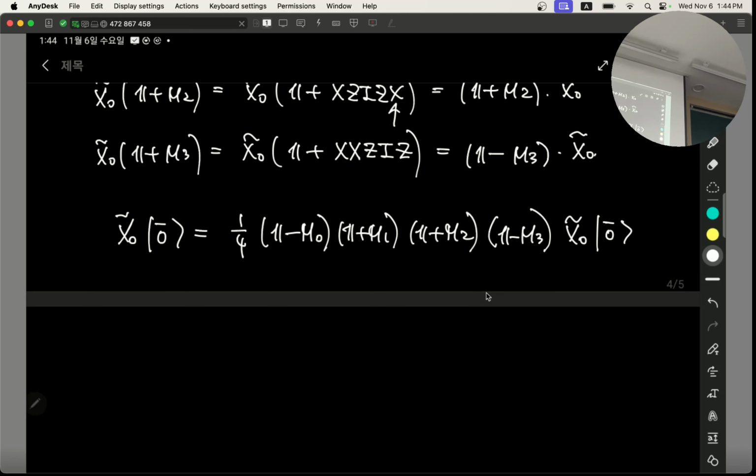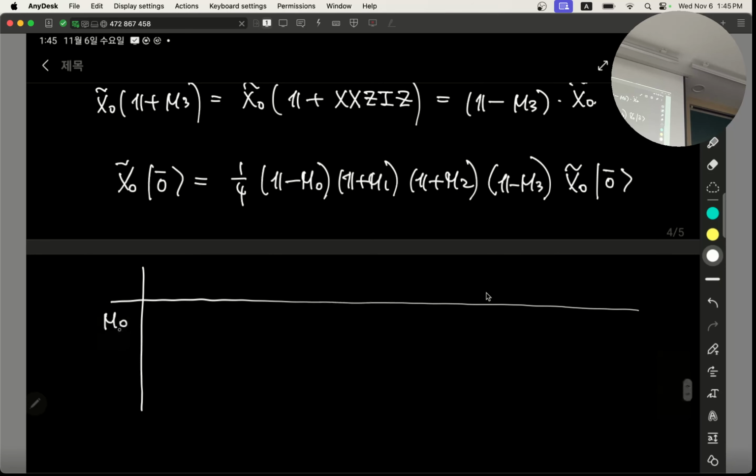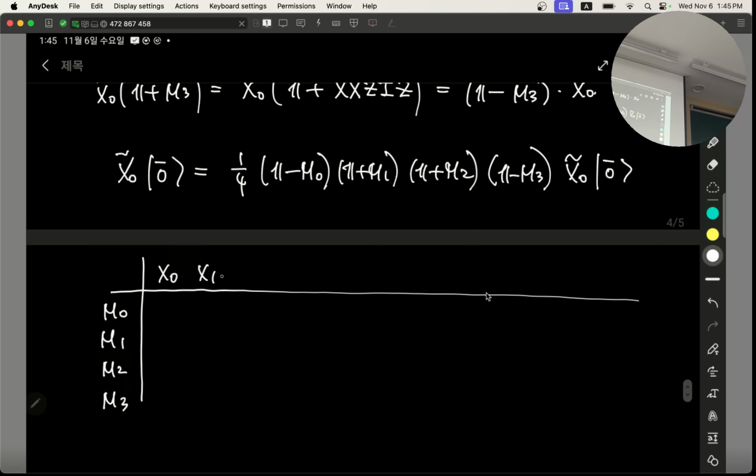What I'm going to do is the same thing for all the other qubits, qubit 1 to qubit 4. So let's make a table. Here m0, m1, m2, m3, and x0, x1, x2, x3, x4.